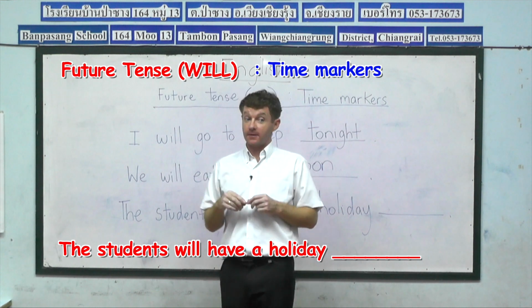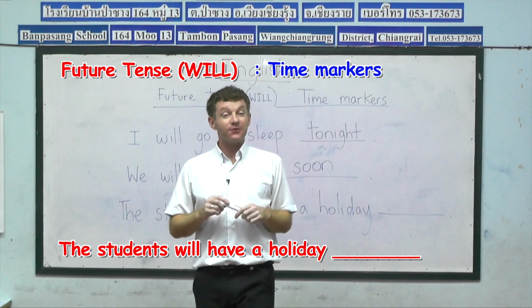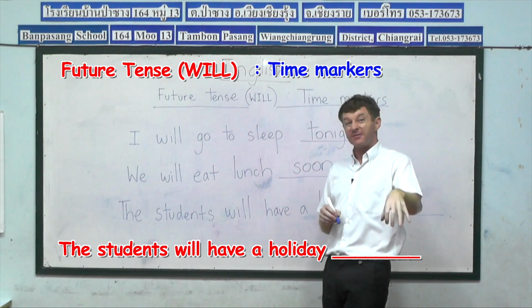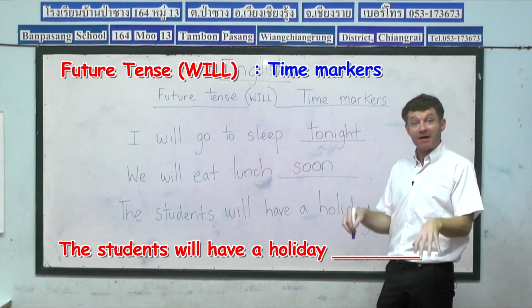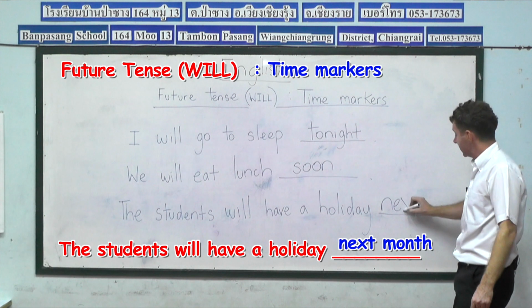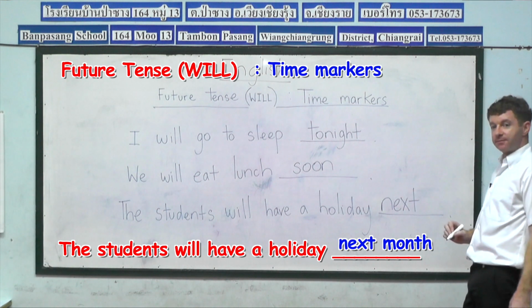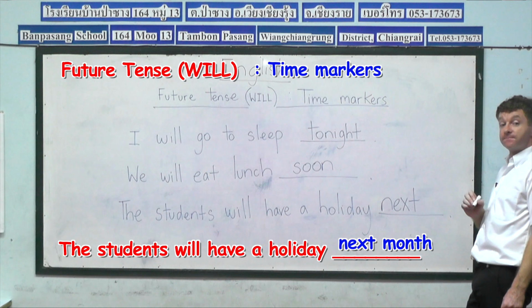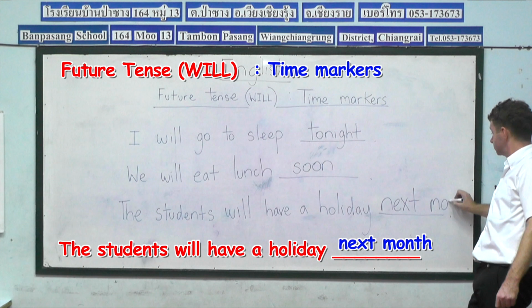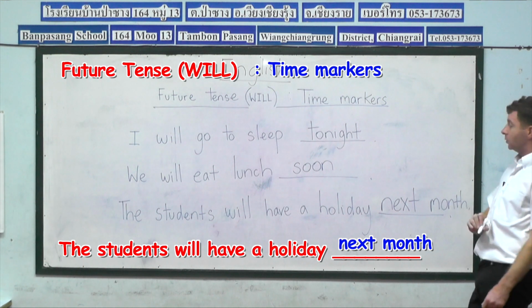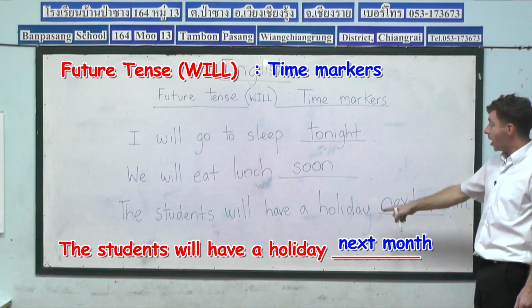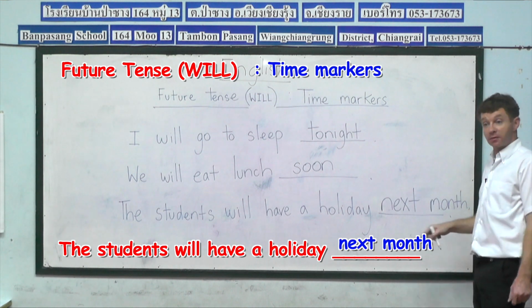When will you have a holiday? Next month. You see, when we want to talk about time markers that are coming soon, but are not this month, we can always use the future time marker next. And when will you have your holiday? Next month. So you can add the word month. The students will have a holiday next month.